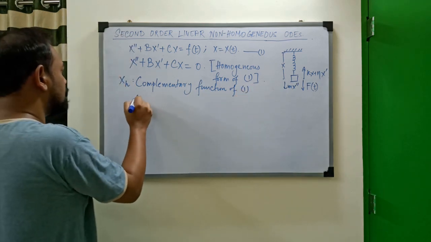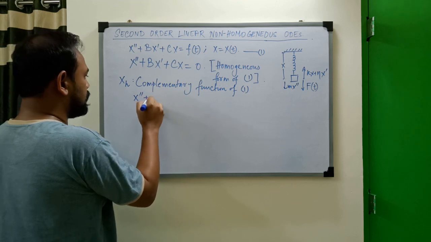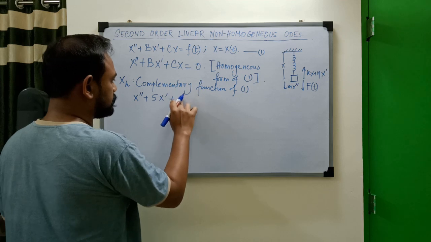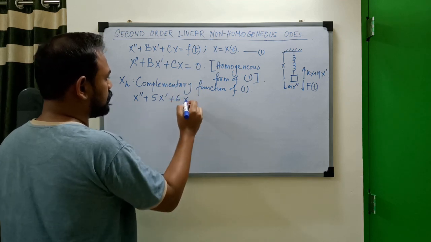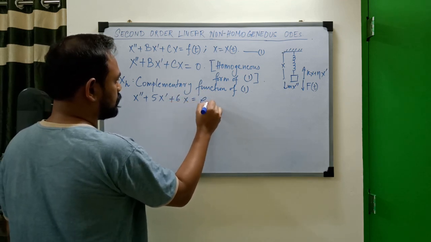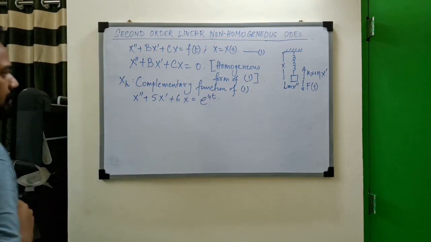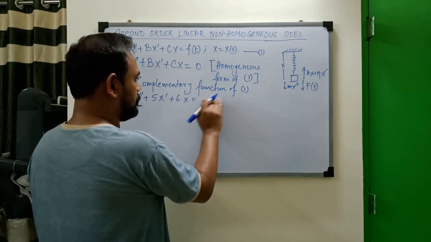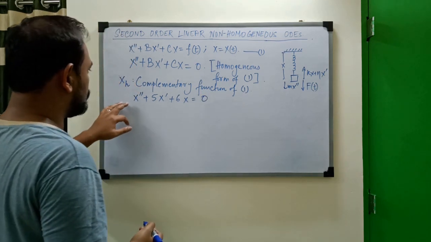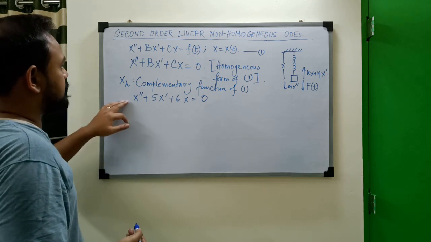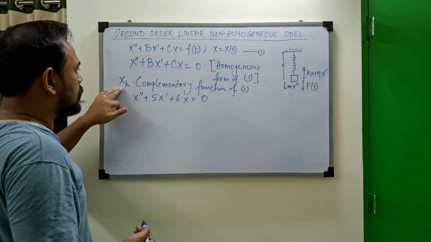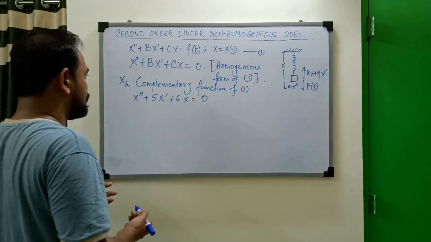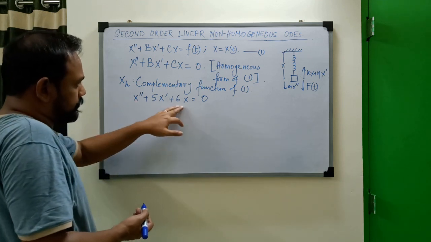For example, the one that we had studied. The homogeneous form of this differential equation is making this 0. So what is the complementary function then? The complementary function would be just finding out the general solution for this.